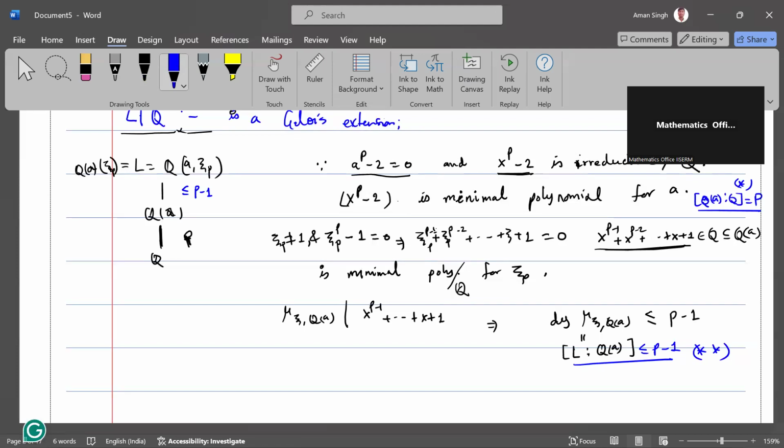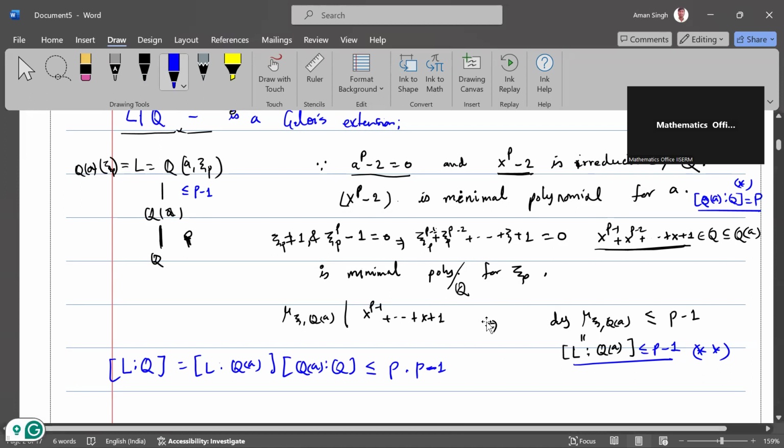The overall degree of the extension L over Q is equal to [L : Q(a)] times [Q(a) : Q], which is less than or equal to p times (p minus 1).